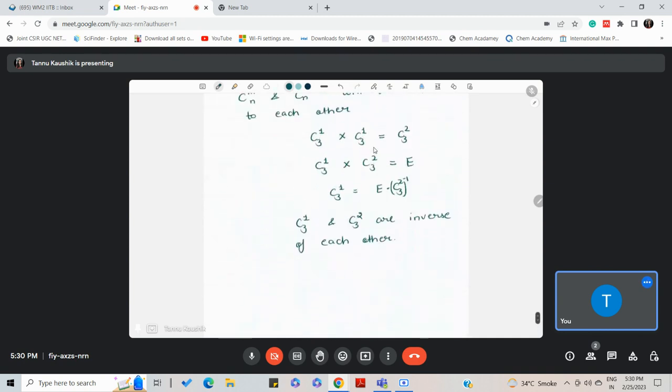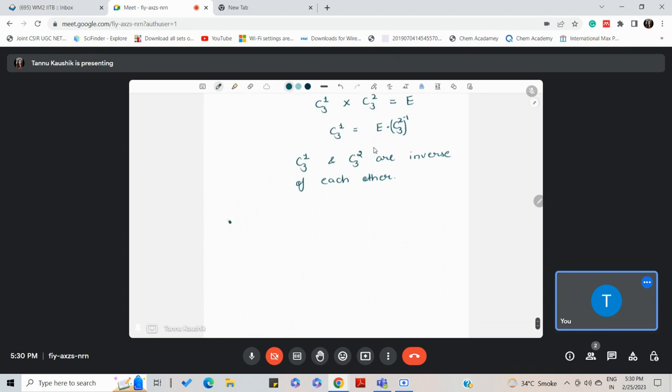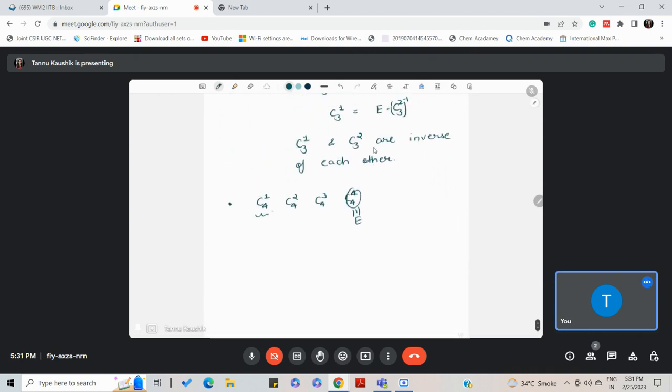Okay. Similarly, for C4, we have C4^1, C4^2, C4^3, C4^4, and C4^4 is the identity element only. So here we will see that C4^1 and C4^3 are inverse of each other.